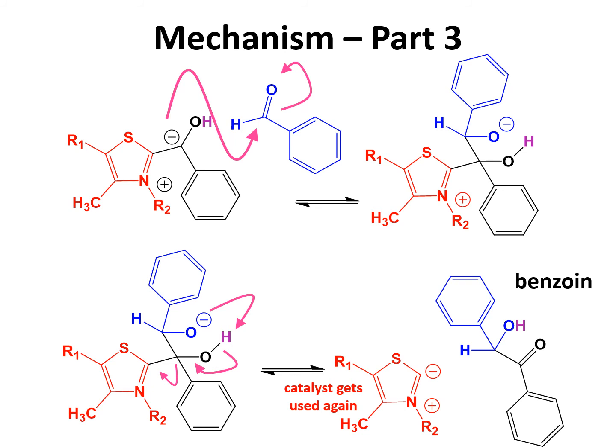Therefore, we have a three skeleton species that will have 2 benzoins and the catalyst. And the negative charge is going to be transferred into the oxygen of the second benzoin. This second anion is going to remove the proton from its neighbor oxygen, and that way we're going to form the corresponding alcohol.